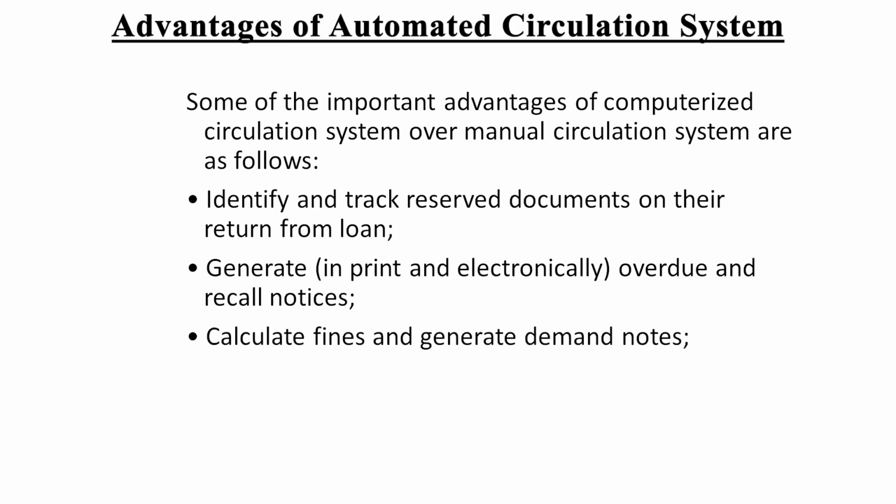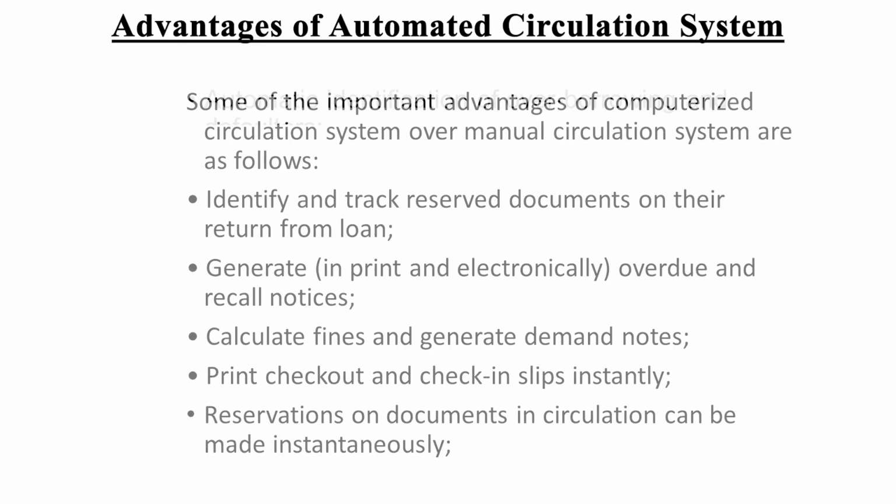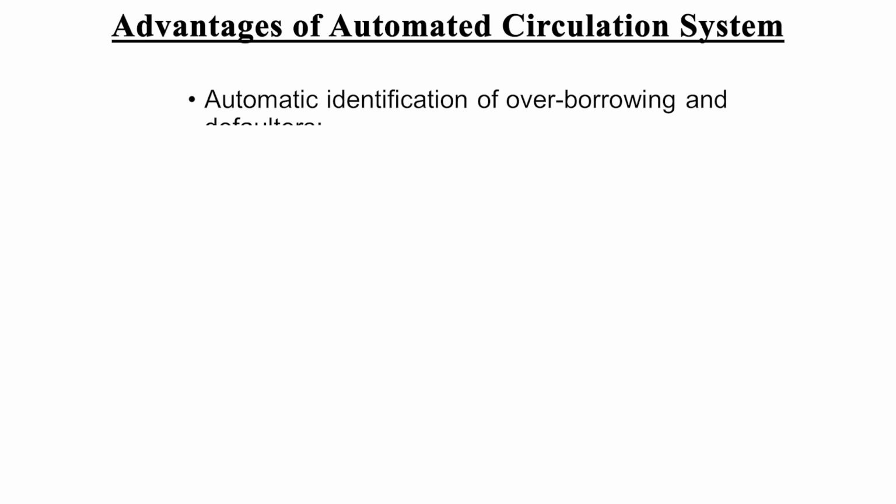Generate in print and electronically overdue and recall notices, calculate fines and generate demand notes, print checkout and check-in slips instantly, and reservations on documents in circulation can be made instantly. So these are the functions it can do fast.